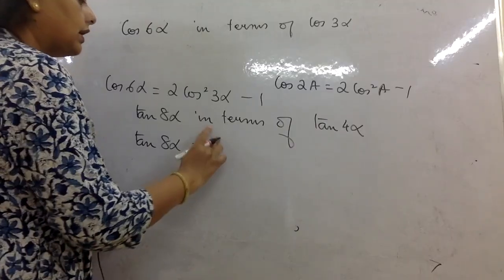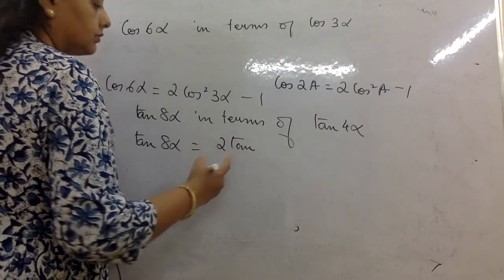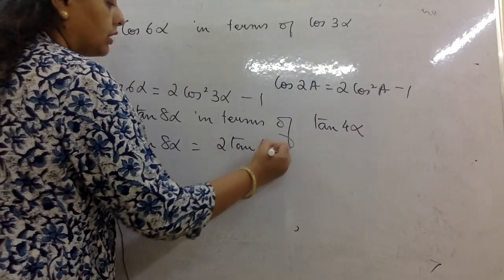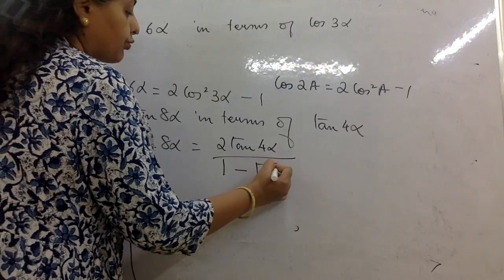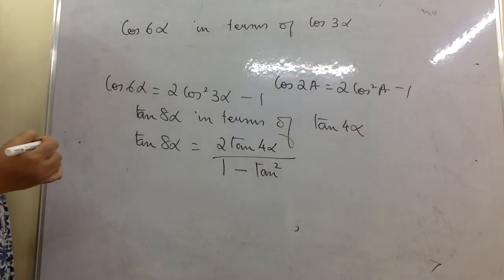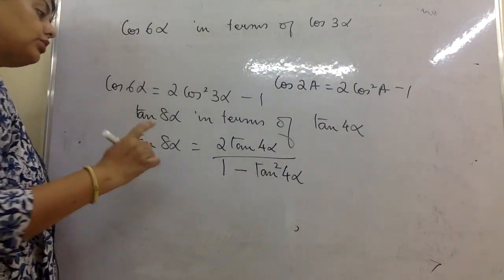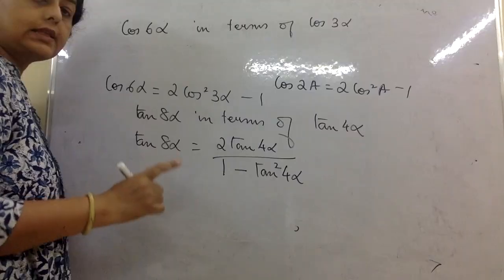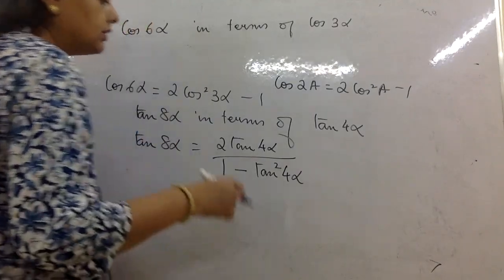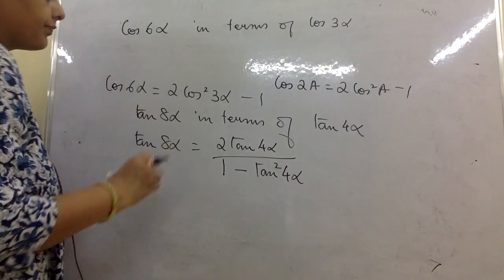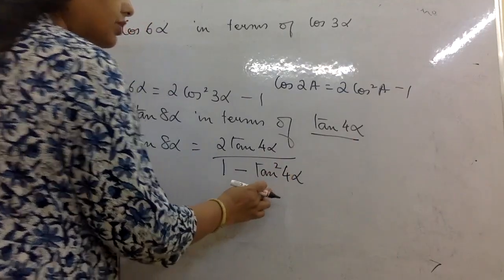Tan 8 alpha is 2 tan 4 alpha over 1 minus tan square 4 alpha. So this is the second question. Okay, when they say in terms of something, that has to be on the right hand side.